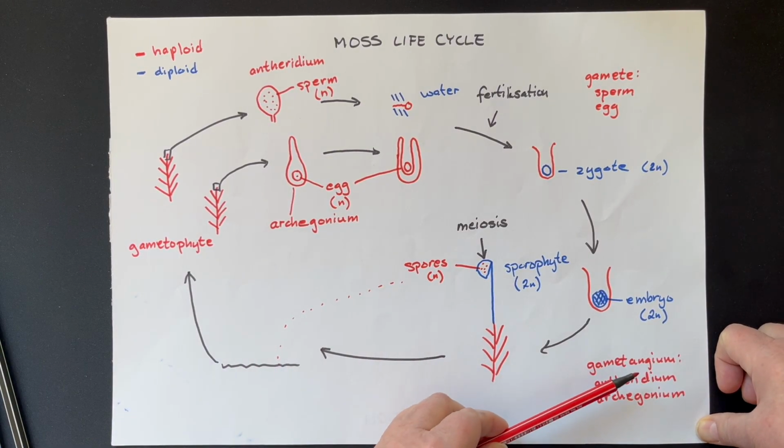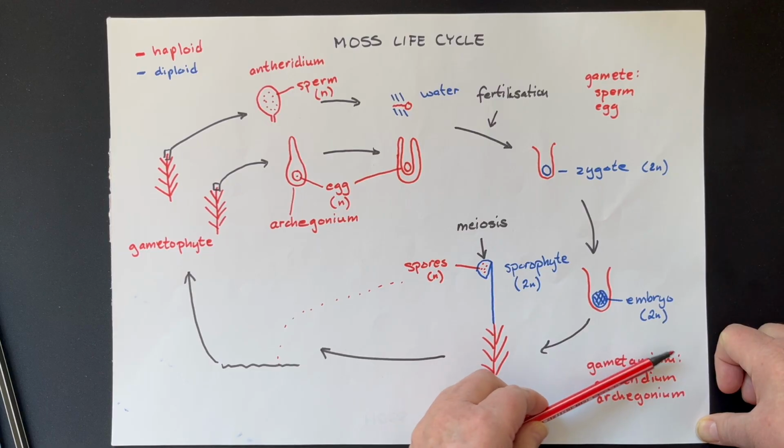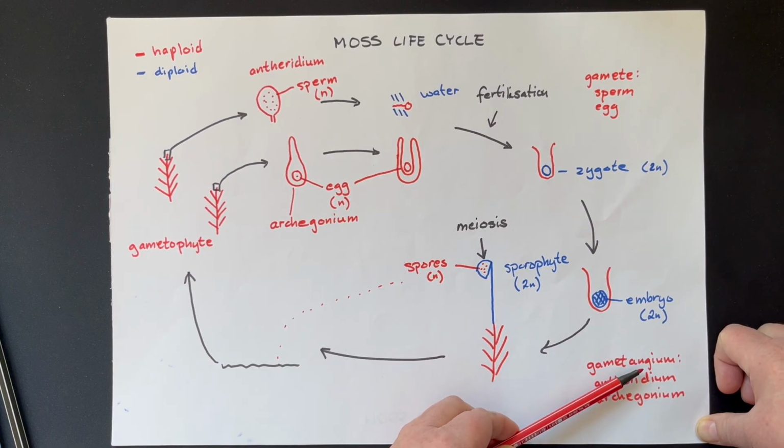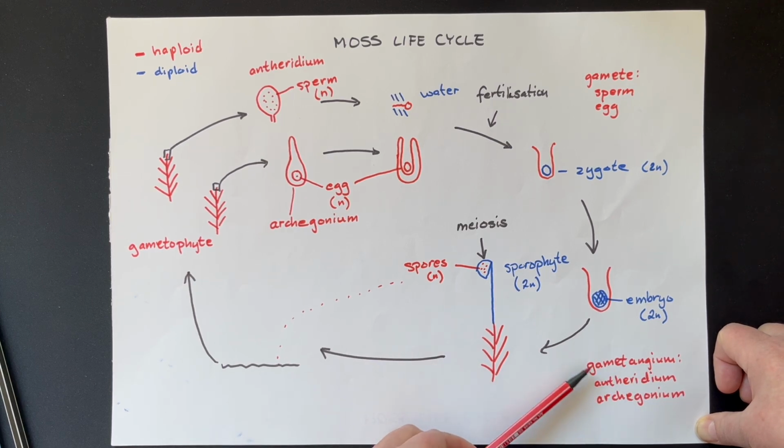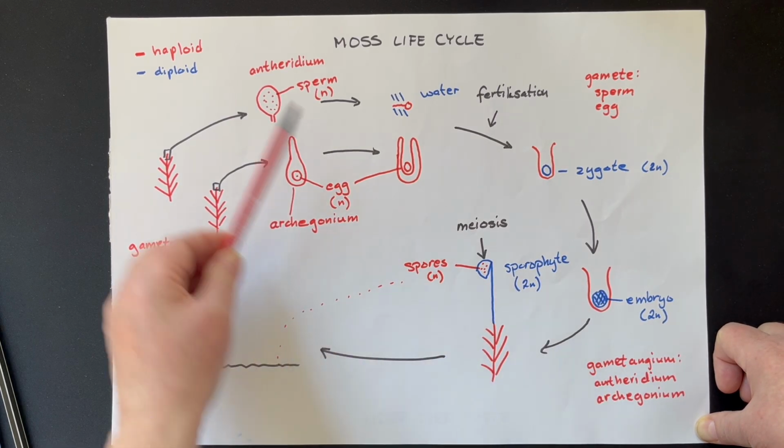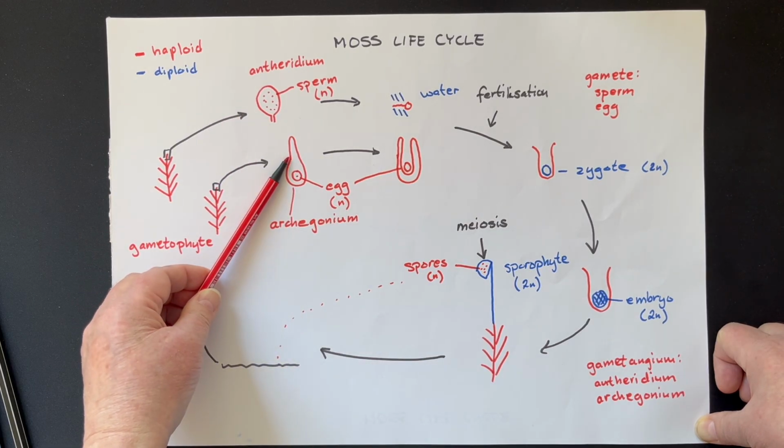So angium stems from a Greek word meaning container or vessel, and gamete is the sex cells. So this is the container including the gametes, antheridia and archegonia.